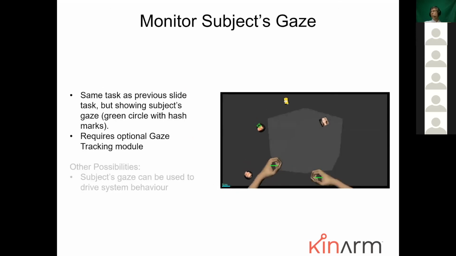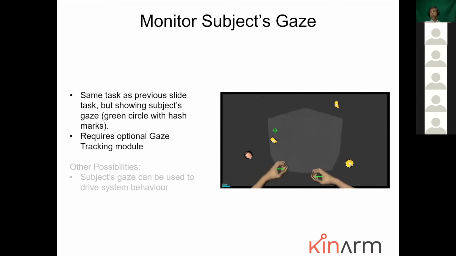If you were to have this system, this is example data that I showed earlier, but now showing where the gaze tracking is, and of course this little green hash mark that's flitting around is where the subject is actually looking while they're performing the experiment.